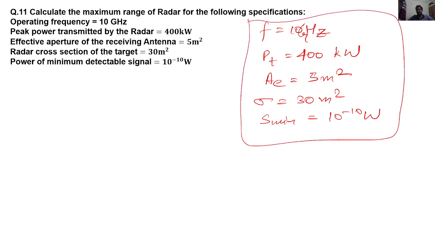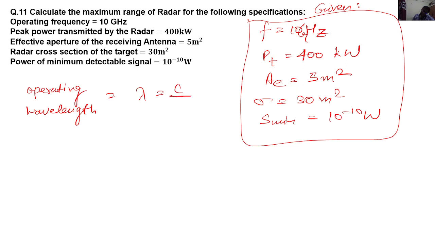These are already given in the question. So let's find out the wavelength first. Wavelength is lambda equal to C by F, 3 into 10 power 8 by 10 into 10 power 9, which is 0.03 meters.